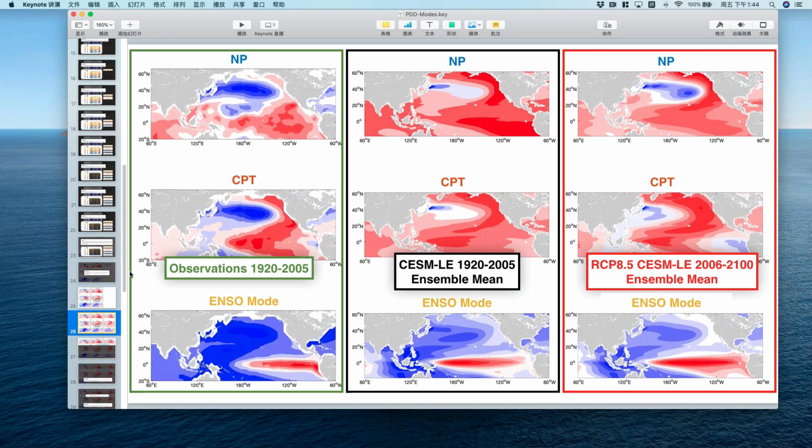I mean, this is just classic, but you see this in all these models. And I think that's a part of it. So what's happening is the ENSO mode here in reality looks a little bit more like the CP mode in observations, except not entirely. And then the CP mode in the model doesn't really look like observations either. And I think this is a large part of this issue.